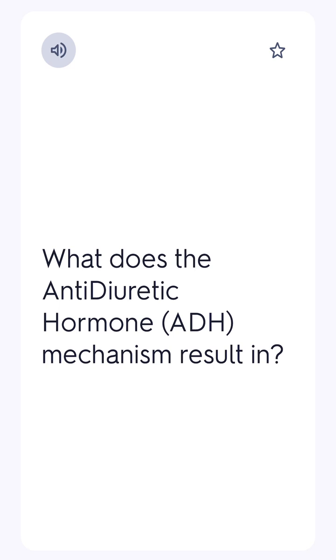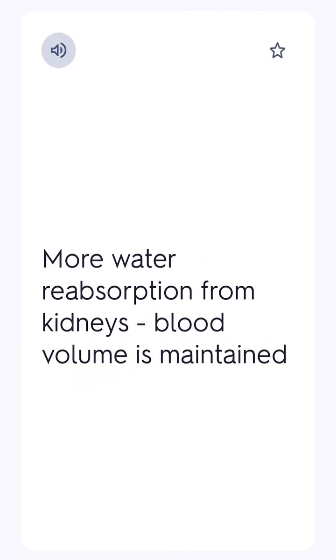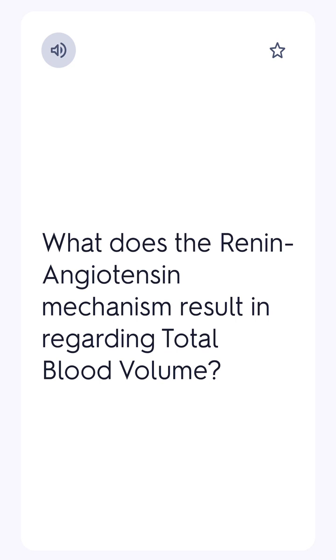What does the antidiuretic hormone mechanism result in? More water reabsorption from kidneys, blood volume is maintained. What does the renin-angiotensin mechanism result in regarding total blood volume?